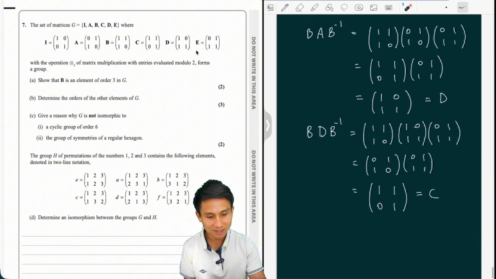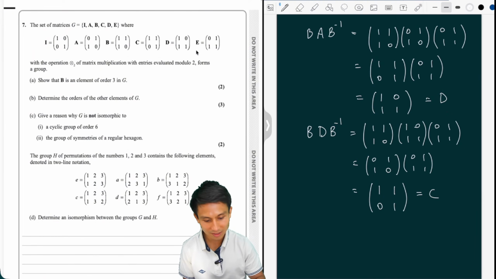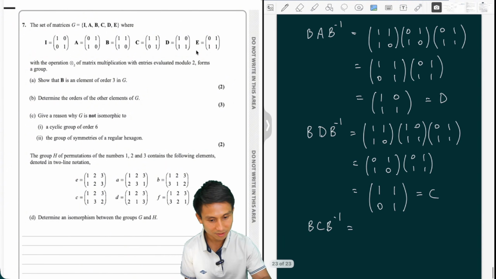Now, you see, we do diagonalization to A, we get D, and then we take this to do it again, we get C. Now we're going to take C to do it again. So I'm going to just paste that again.